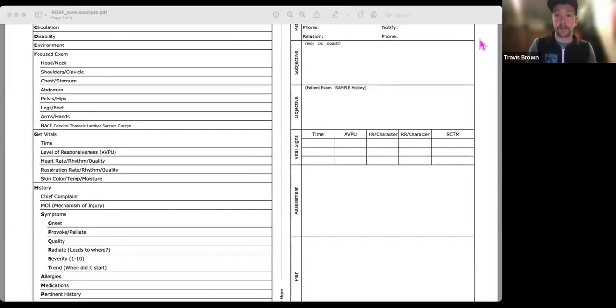Our assessment is going to be where we talk a little bit about our usability tests. Do we think they're going to be able to walk out? Do we think they're going to need a little four-wheeler or a quad to come in and pick them up? What do we think that they can do with the injury?